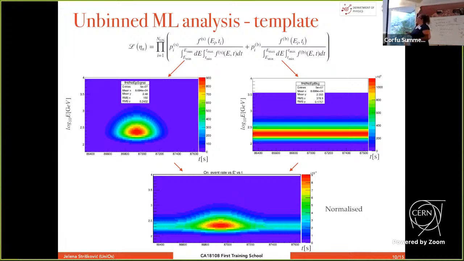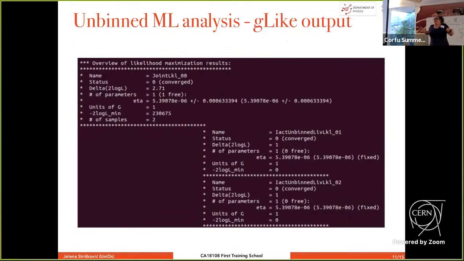Now, when I have both of these, I run the likelihood program, and what you get is, okay, for my first data set, for example, my Markarian source from the H.E.S.S. telescope, I get some value of the eta parameter, which is the parameter that I was looking for.